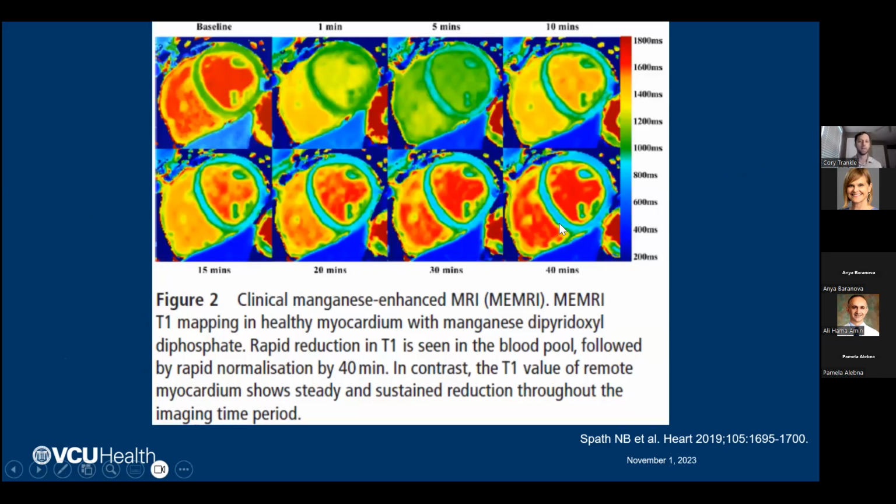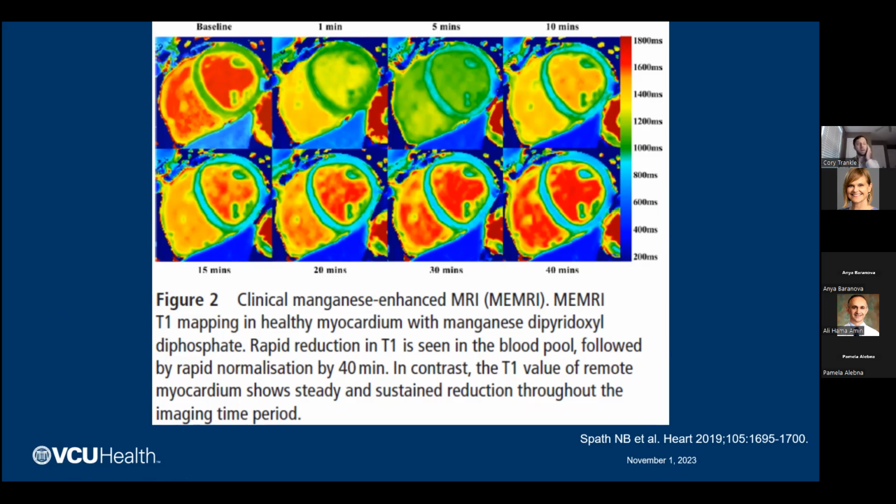But what's interesting about it is that here you are at baseline. This is a manganese-enhanced MRI T1 mapping. So baseline, and then once you give the manganese contrast agent, you see the myocardium starts to brighten up, or depress on this color scale, and it really stays that way for a long time, out to 40 minutes, which you can imagine you could use differently than how we use it.